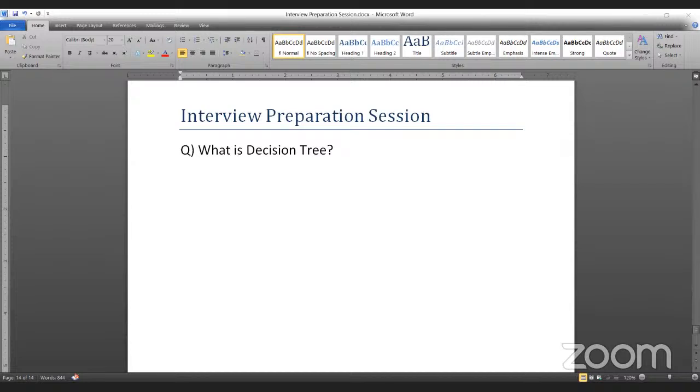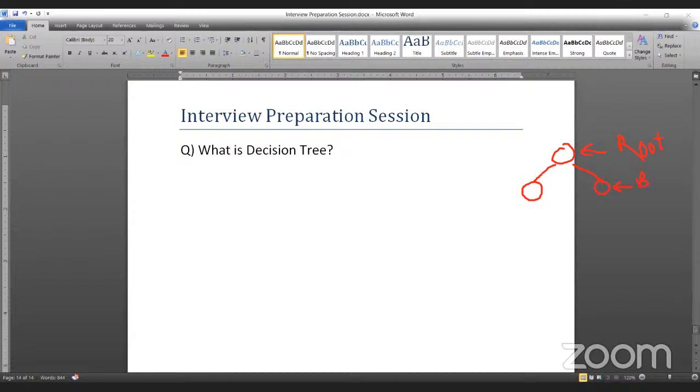So the basic structure of a decision tree is like this. We have first a root node. This is called the root node. Then we have something known as branch nodes.